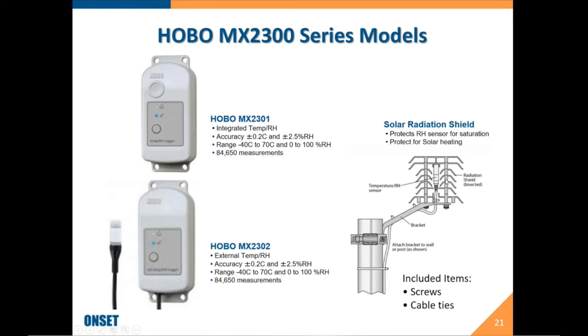Here's the 2302, which has an external temperature and relative humidity sensor. That external sensor can be put into a radiation shield and kept from the direct sunlight and also from rainfall. Items included with this are screws to screw the loggers in and cable ties if you wanted to tie it to a round object, a pipe or something like that.